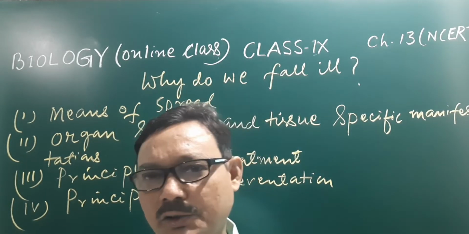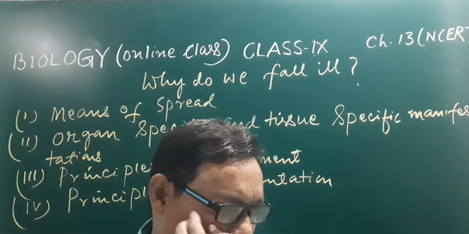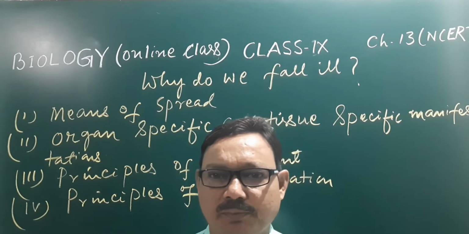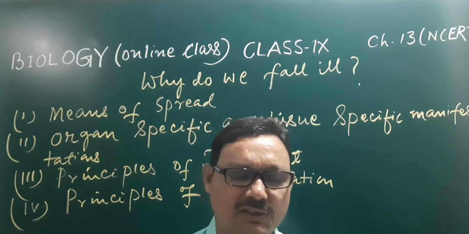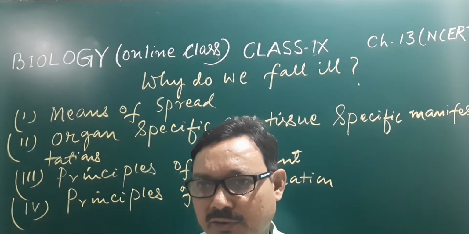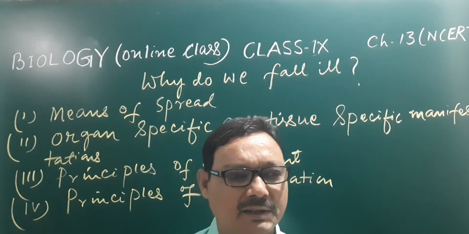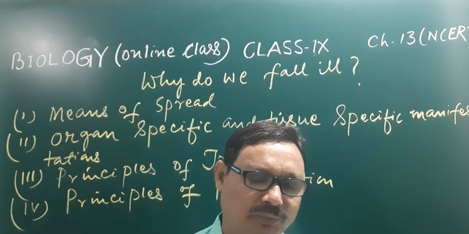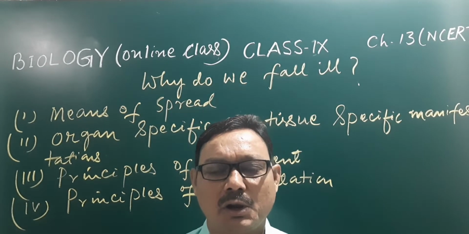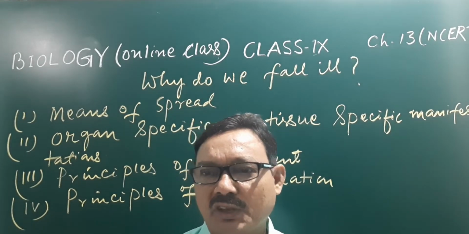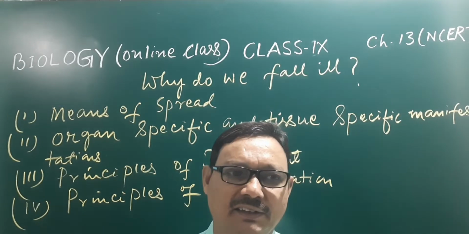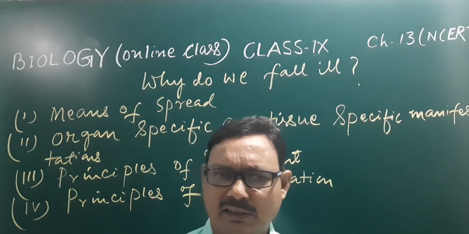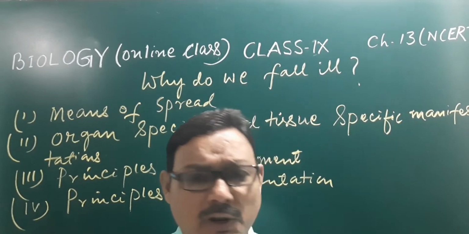Number one, biological factors: different types of microorganisms, or maybe multicellular organisms too, like worms, viruses, bacteria, fungi, etc., are responsible for the diseases. That is why they are known as pathogens, or the causal organisms.